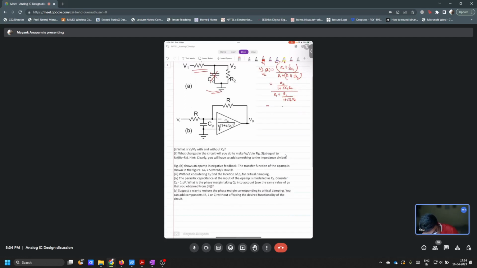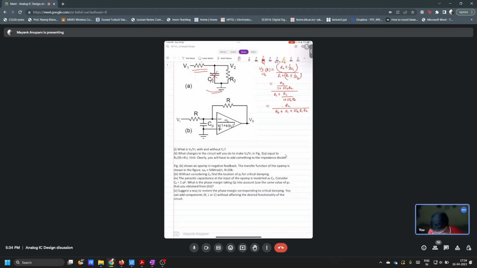So it will be R2 divided by R1 plus R2 plus SC2 R1 R2, correct?